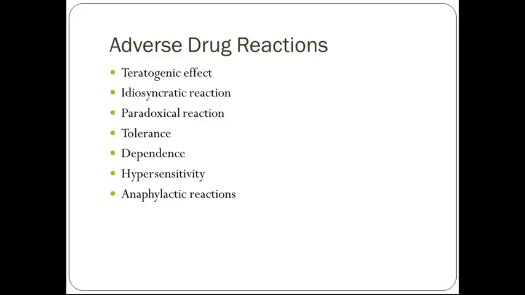So for categories D and X, pregnant people should not be taking those medications, and their medications should be switched during that time. If you look in your drug references, you will see the pregnancy category of each drug. So it's very important to acknowledge that, especially if you're working in OBGYN or family practice.